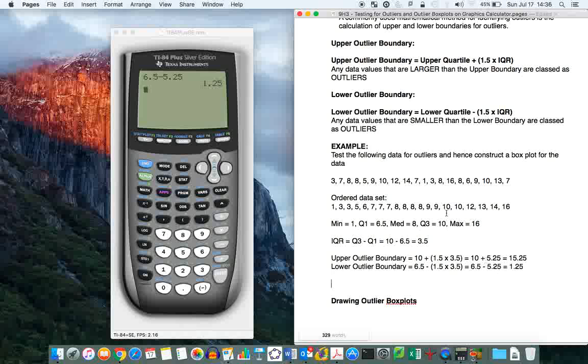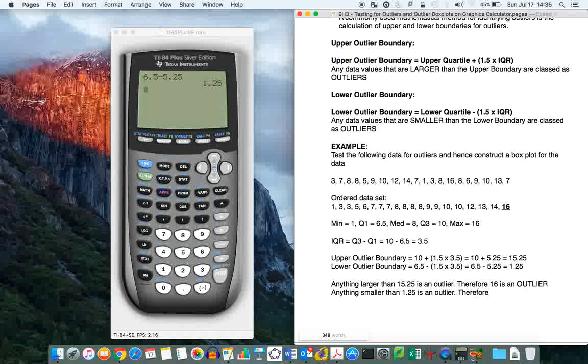So anything larger than 15.25 is an outlier. Therefore, which of these is an outlier? 16. That's an outlier because it's more than 15.25. Anything smaller than 1.25 is an outlier.